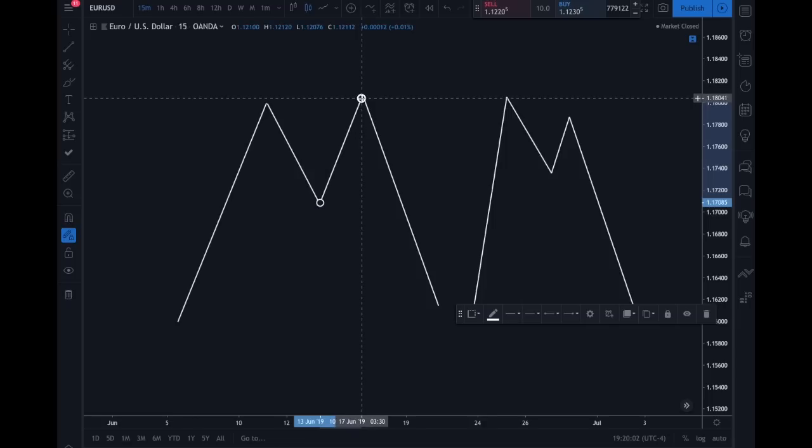Now, this does two things. One, by going back up to the high of the first leg, it cuts out the people that went short. But it also induces more traders that were still thinking about going long to go long.